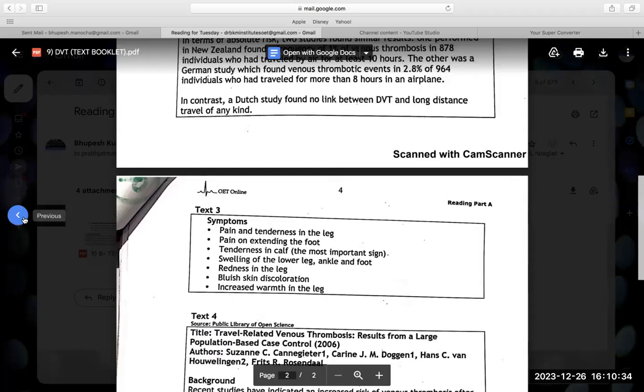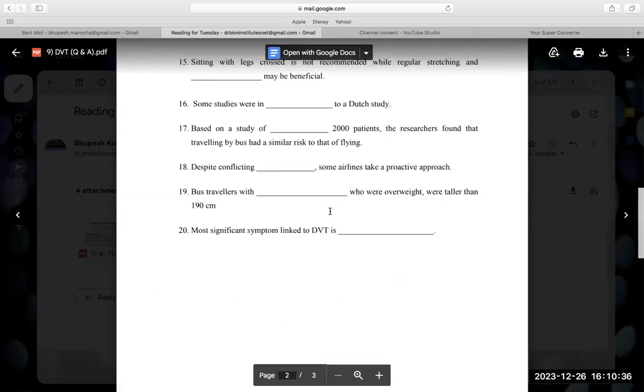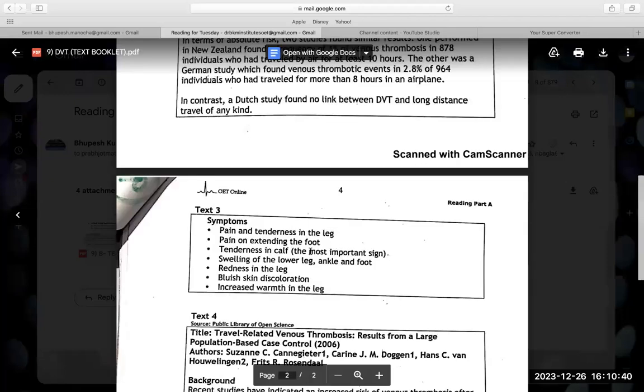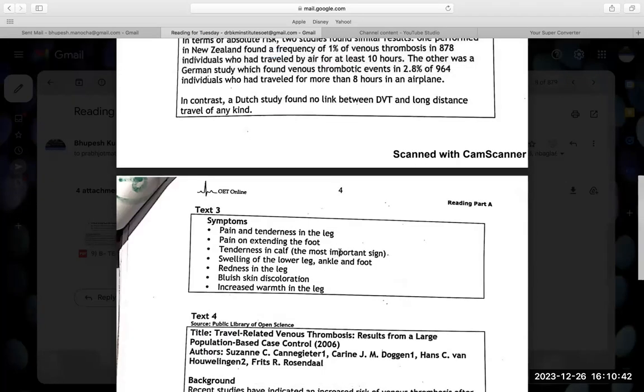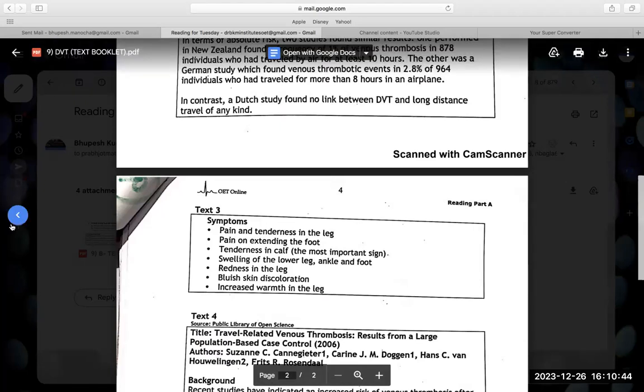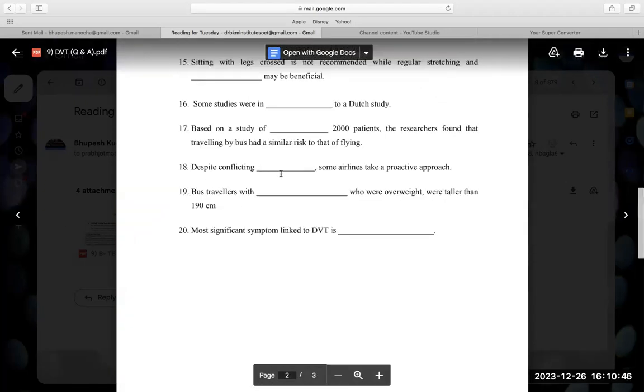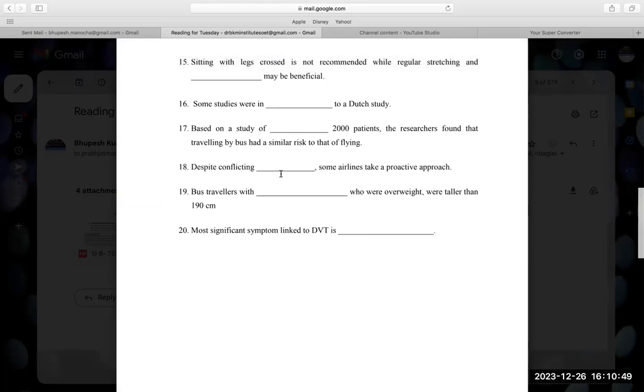So that should be my answer because it is the most important sign. They have used the word most, so again I am matching the superlative degree, most, best. So these words are matching. So tenderness in the calf. Now I am having only this. I would either put the word conflicting studies or conflicting evidence, because the evidence word is a common word that comes.